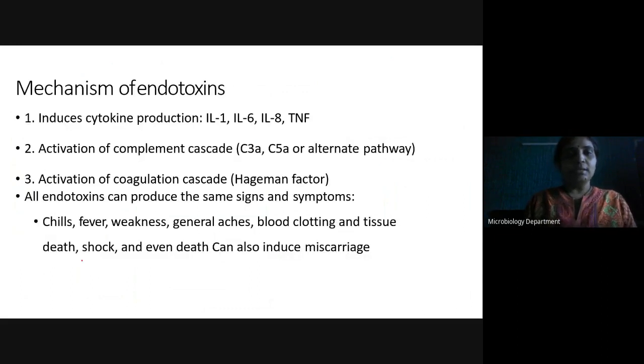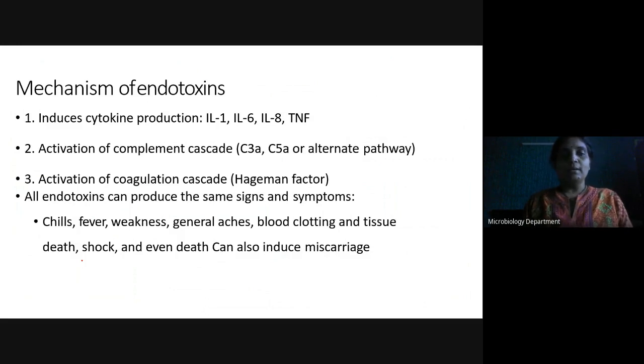And generally, the endotoxin will induce the production of many cytokines like interleukin 1, interleukin 6, interleukin 8, and tumor necrosis factor. And also, it activates the complement cascade, especially the C3a and C5a subunits of the complement. And it is also involved in the activation of the coagulation cascade.